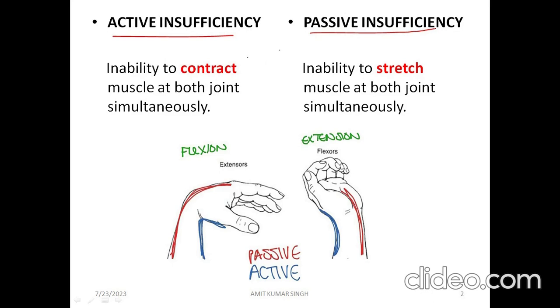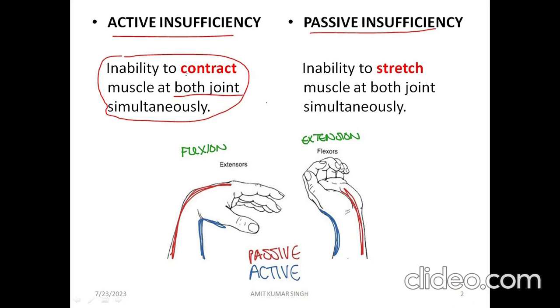Now let's start with our topic: what is active and passive insufficiency? As the definition says, it is the inability to contract a muscle at both the joints simultaneously. That is the reason why I have added the term two joint muscles, because we are discussing two joints.